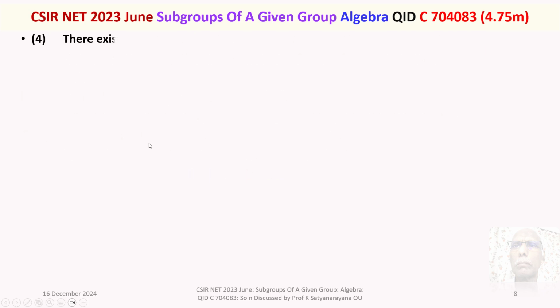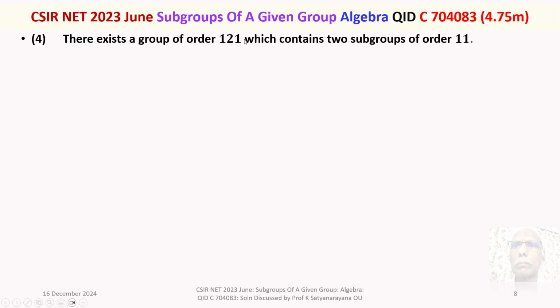Option 4. There exists a group of order 121 which contains two subgroups of order 11. Existence of a group of order 121. 121 is what? 121 is 11 squared.